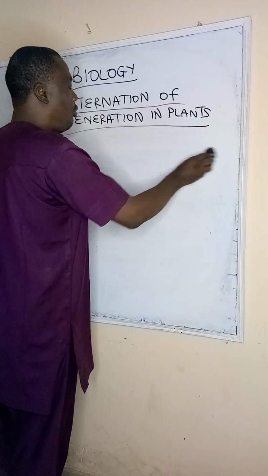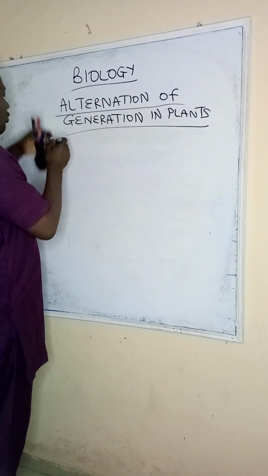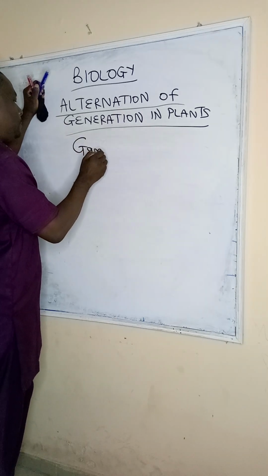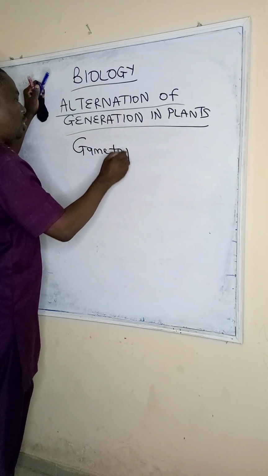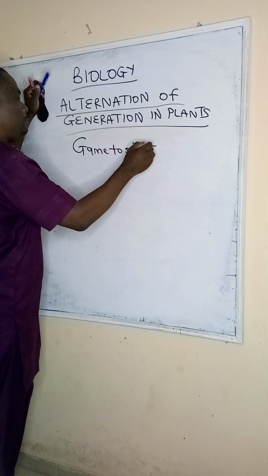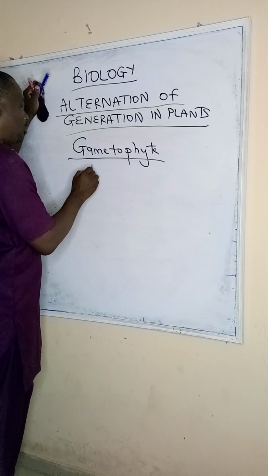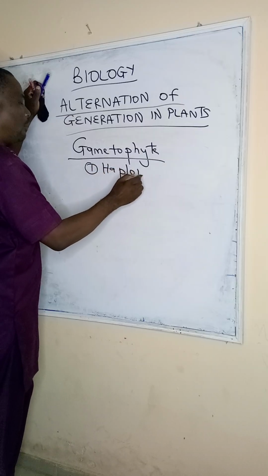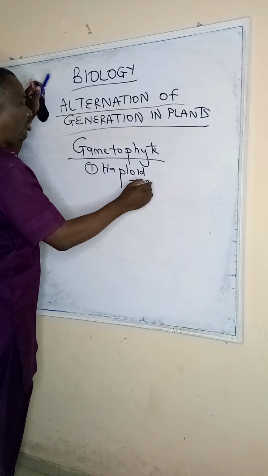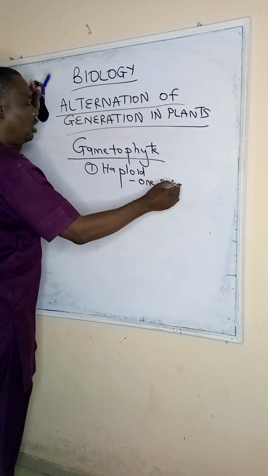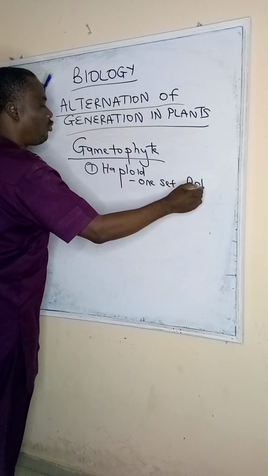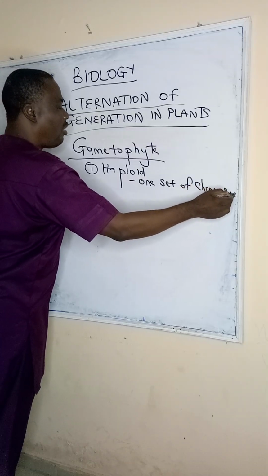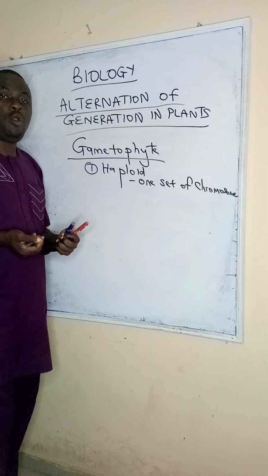Before we go to moss, I will explain what gametophyte means. Gametophyte is haploid. When you say haploid, it means it contains one set of chromosomes. In my previous class, I explained what chromosomes were.